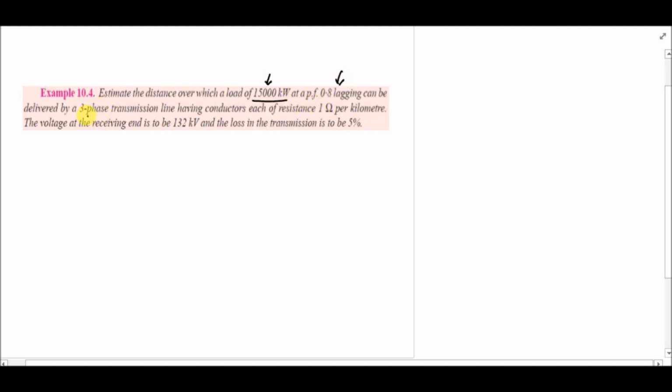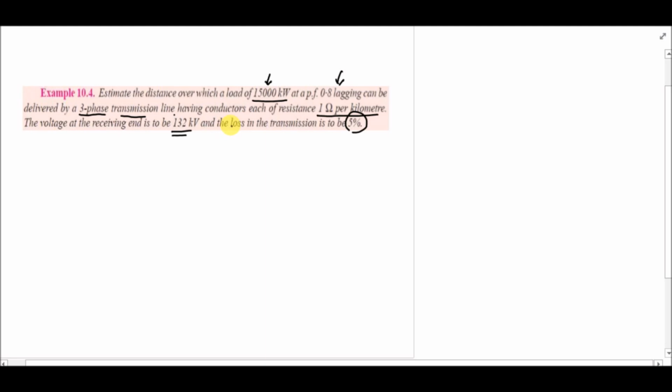We have to build a three-phase transmission line, and the conductor that has to be used has a resistance of 1 ohm per kilometer. The voltage at the receiving end should have the value 132 kilovolt, and the losses in the transmission line can have a maximum value of 5%. So we have to decide or estimate what should be the distance of the transmission line if all these parameters are to be fulfilled.